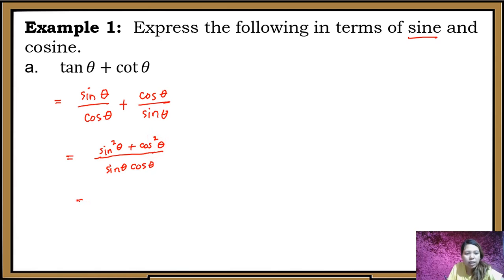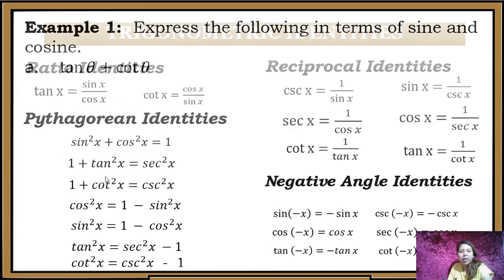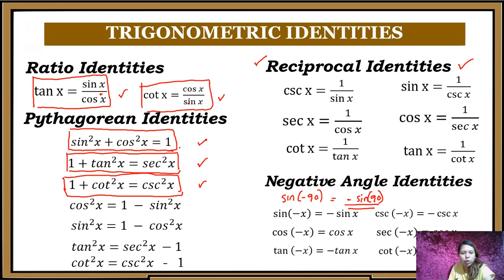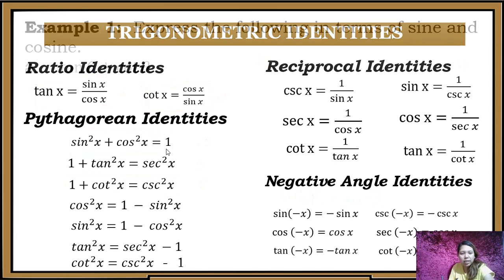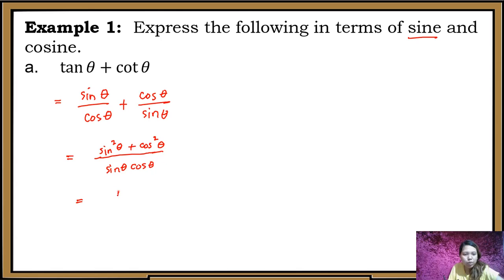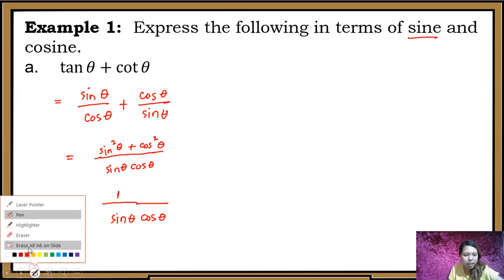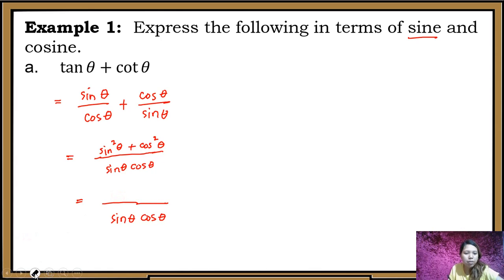Take note that sine squared theta plus cosine squared theta is also an identity which is equal to 1 by the Pythagorean identity. So we can say that this is 1 over sine theta cos theta. Okay, so your final answer is this one. This is the simplified form and at the same time, the expression in terms of sine and cosine functions.